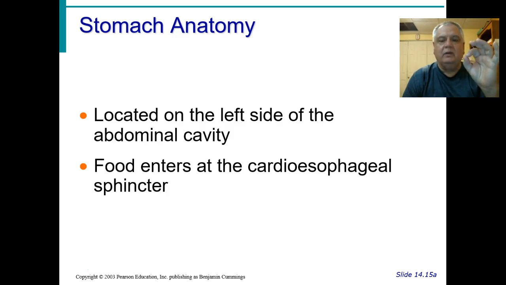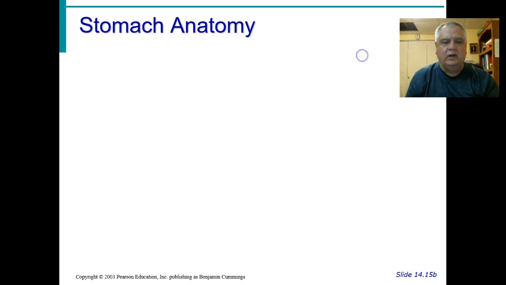At the top of the stomach, there's a valve, and that valve is closed. It's called the cardioesophageal sphincter, a circular piece of muscle tissue. When the food comes in contact with that, it's going to open up and allow the food to pass down into the stomach. So we say the food enters the stomach through the cardioesophageal sphincter, or sometimes simply the cardiac sphincter.